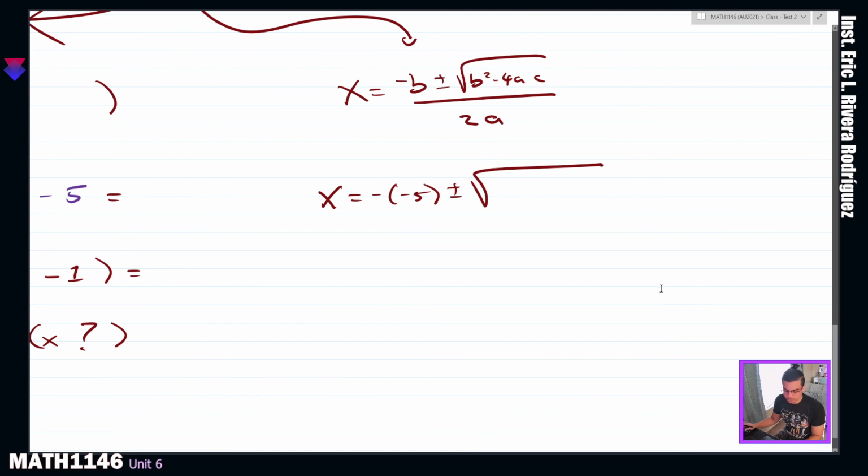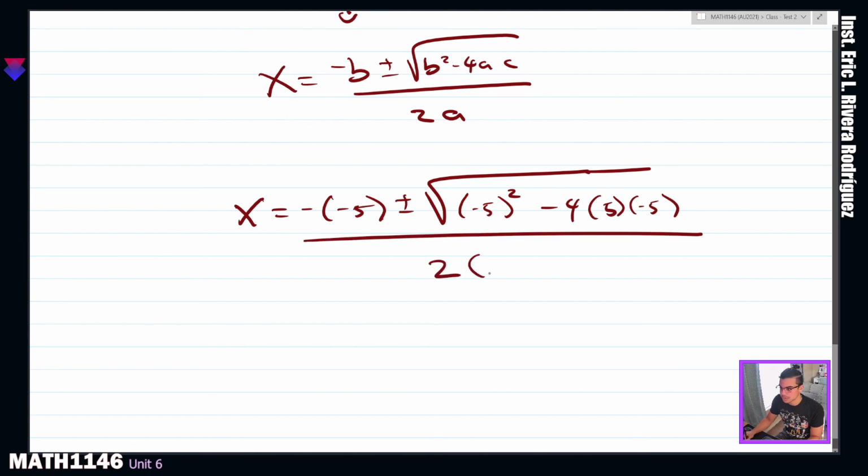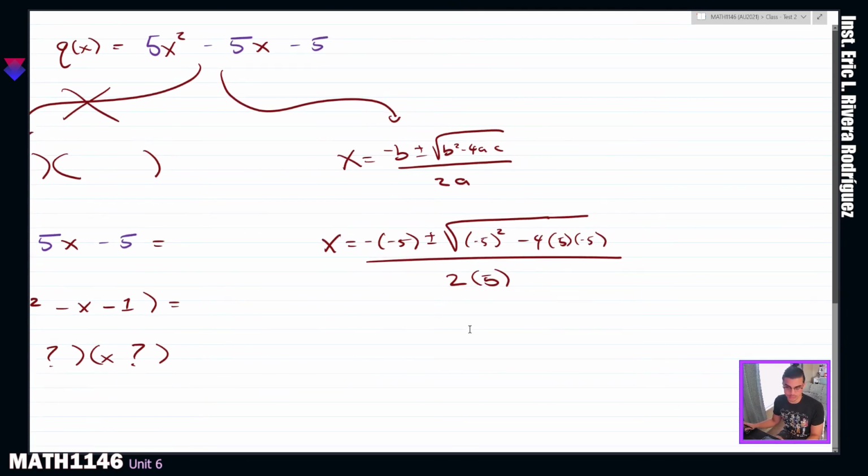So a good rule of thumb, if you are comfortable with the quadratic equation, use it always, because it's always going to give you a solution, doesn't matter if it's imaginary, irrational, or rational.